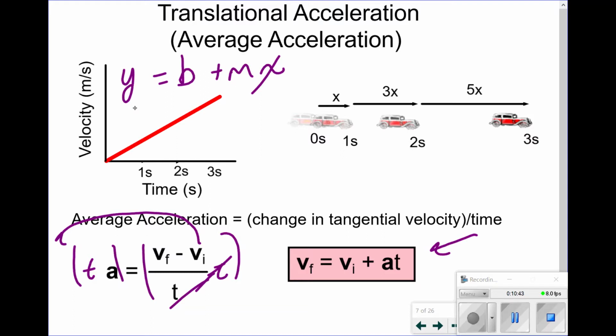Now, for those of you who are really big into math, you might recognize this as just the y equals mx plus b equation, which makes perfect sense because the graph itself is a straight line. And the mathematical equation for a straight line in the xy axis is y equals mx plus b.